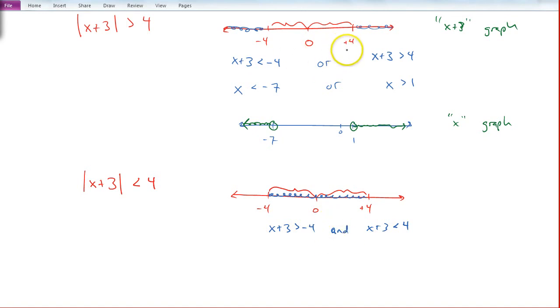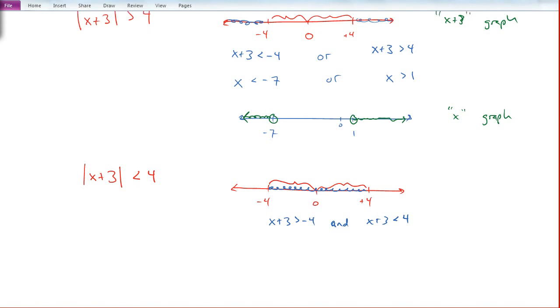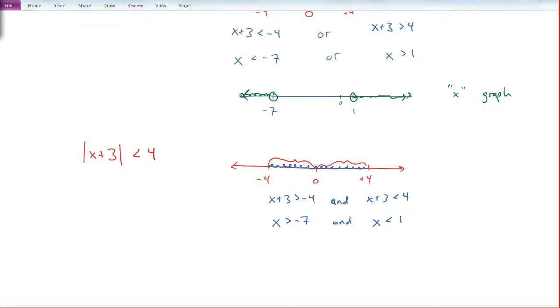Whereas up here, we were saying that either this constraint or this constraint would satisfy the inequality. Now we need both constraints to satisfy the inequality, and so we have to use the word and. Again, I solve these inequalities separately. X is greater than -7, and x is less than 1. So again, I'll draw another graph here for what x can be.